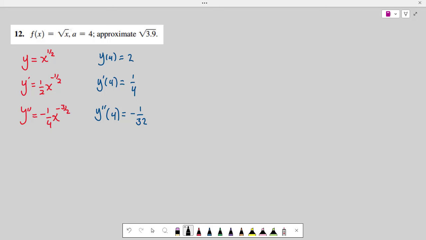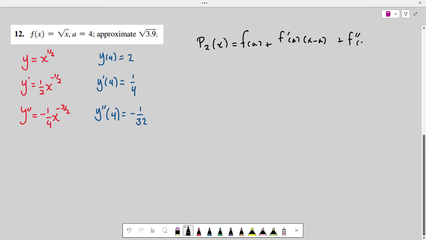So then we're going to use that same formula. This is f of a plus f prime of a times x minus a plus f double prime of a divided by 2 times x minus a squared. So that is our best quadratic approximation.